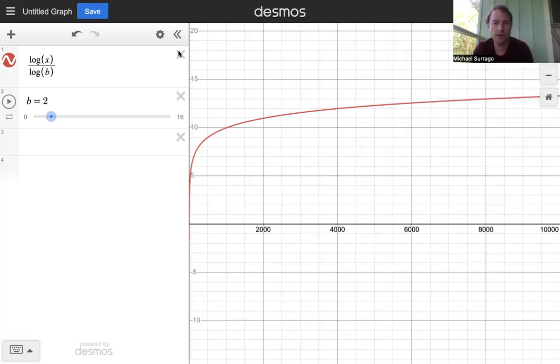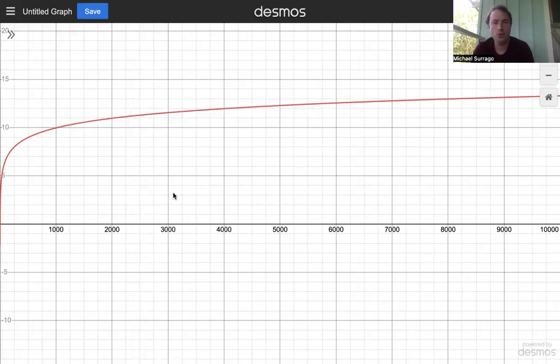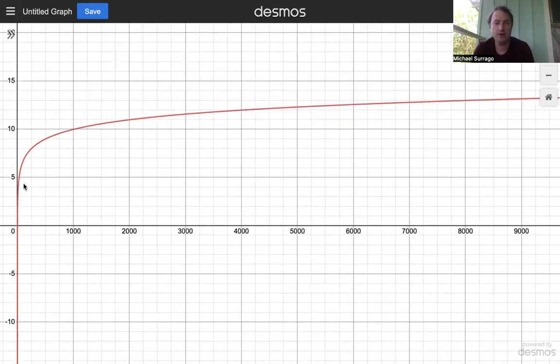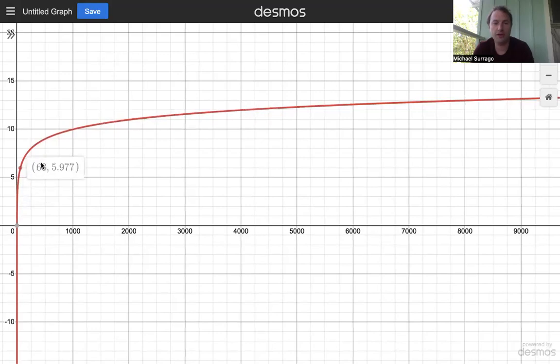What you can see here is that most of the gains in entropy come, graphically speaking, from the first, I don't know, 1/10 of the graph.